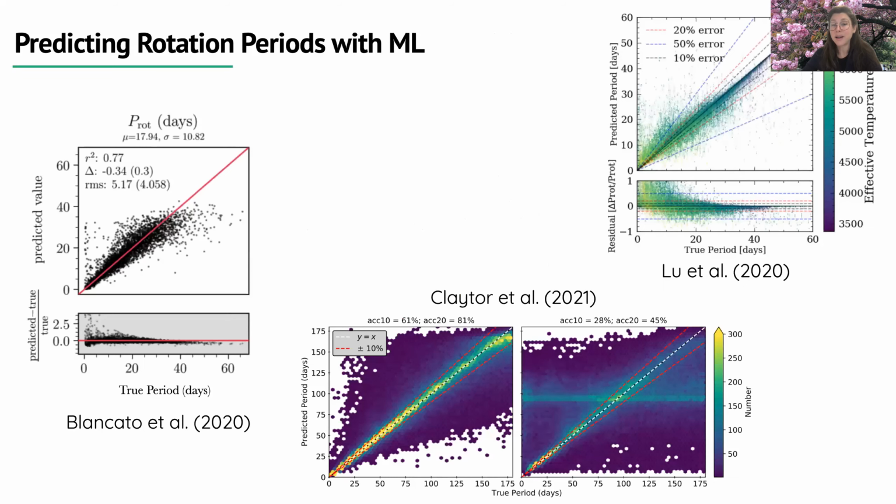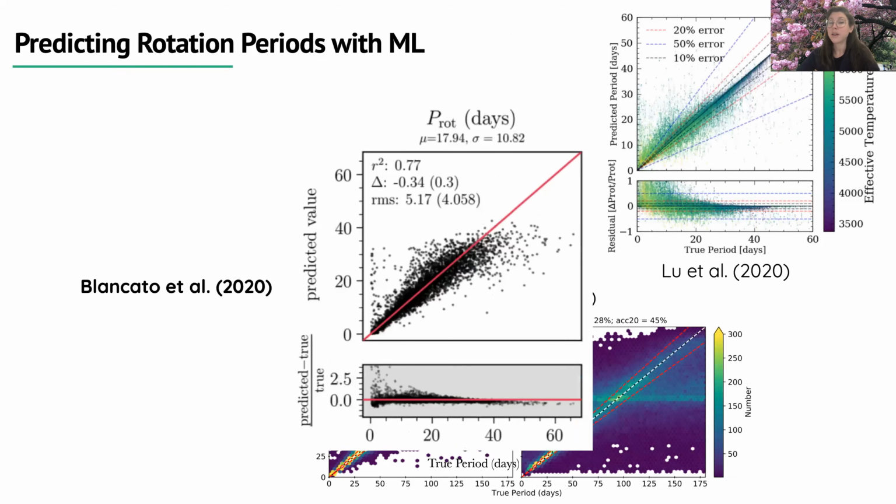I would also like to highlight some projects that are using machine learning to predict long rotation periods from short light curves. So, for example, Kirsten Blancato has a method which predicts the rotation periods of stars from short, sort of 27-day light curves using a neural network method.